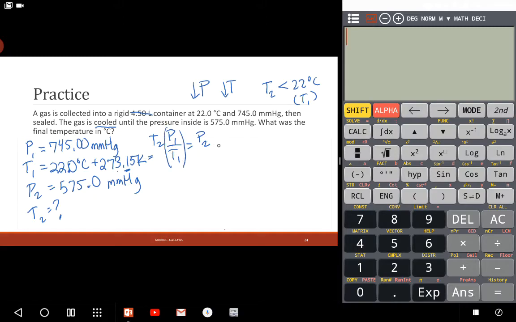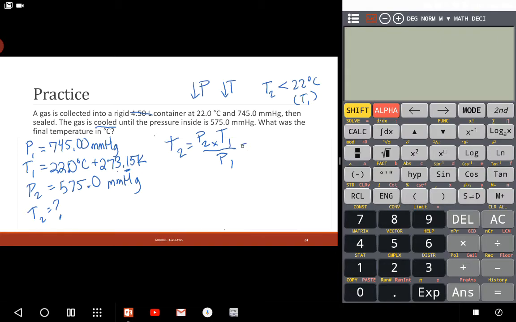I'm going to get rid of that term by multiplying both sides by T1 and dividing by P1. Now that term cancels out. So I've done my algebra, and I'm left with the equation T2 is equal to P2 over T1 over P1.